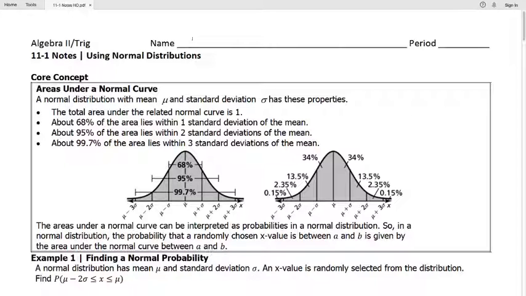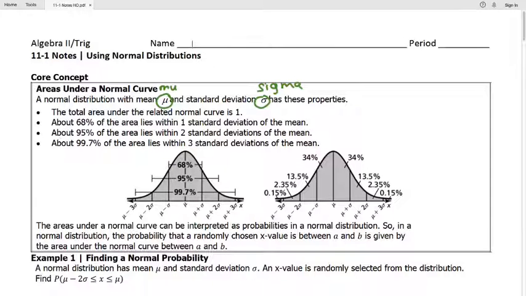Okay, so we've got this core concept. If we've got a normal curve, which is a normal distribution, where we have a mean we call mu, the Greek symbol for mu, and a standard deviation of sigma, we've got the following properties.